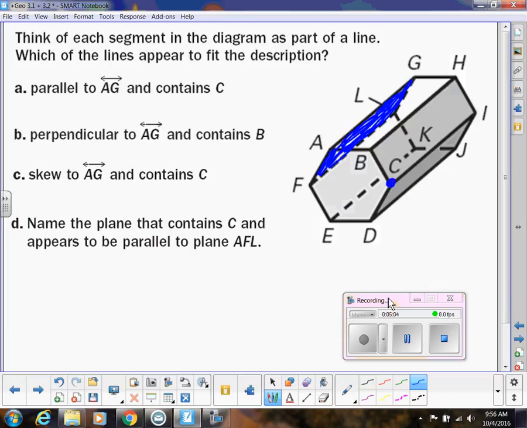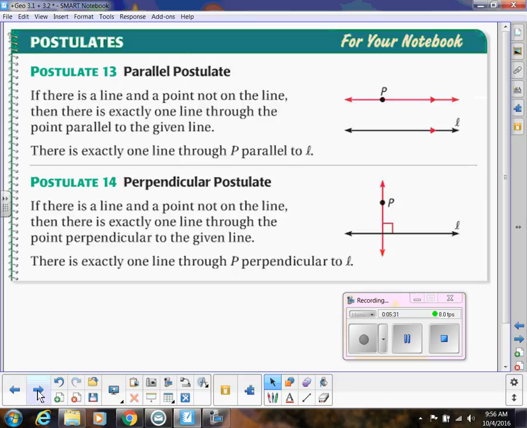The edge of this is AF, so we need something parallel to AF. Those are both edges that are parallel to each other, and that would make this whole plane parallel. Notice that that back edge right here is also parallel to IJ. If you have questions on that, we can do some more 3D objects in class.